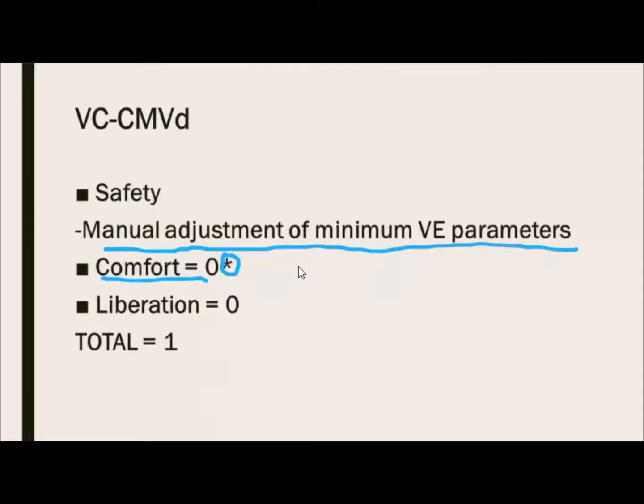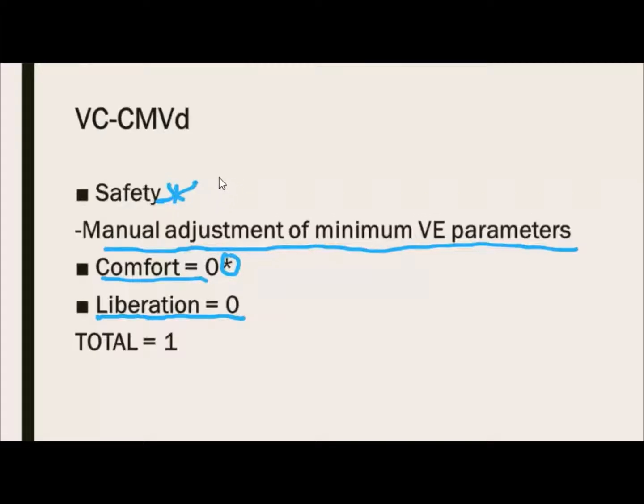And lastly, with liberation, there's no automation with this mode. It's pretty much all tactical, all operator inputs. So there's no liberation. So it doesn't provide much advantage over your traditional volume control mode. However, I would argue that it does provide safety. One factor you can look at, and this is my own star, is that with this pressure limitation, two things.